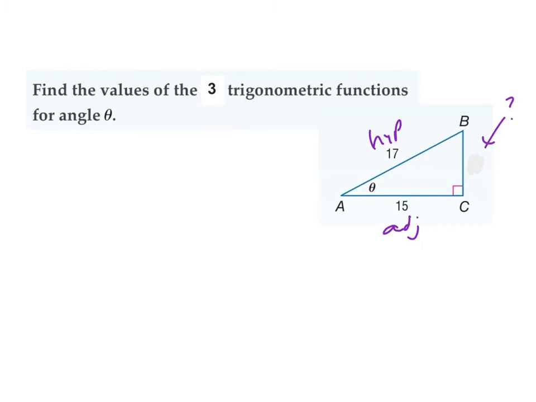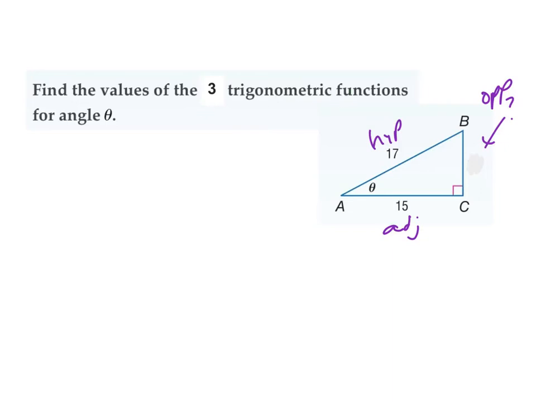So what I'm looking for in this case is this opposite side. So this is the opposite side over here, and that's also the side I need to find. The other thing to think about is, since I have the adjacent side and I have the hypotenuse, I actually have one of the 3 trig functions.